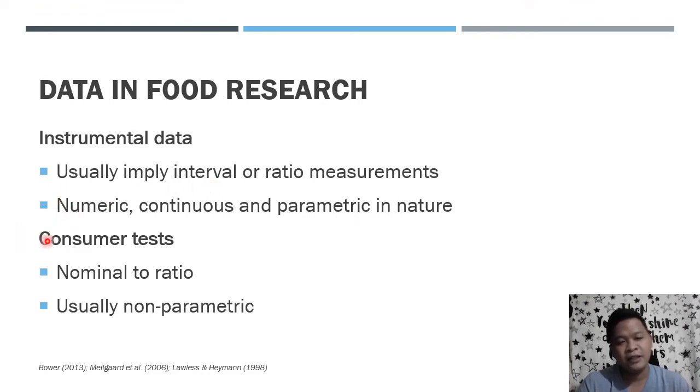On the other hand, if you are using mostly consumer sensory evaluation tests, you would most likely end up with non-parametric data, except perhaps when using the 9-point hedonic scale or any scale derivative similar to it.